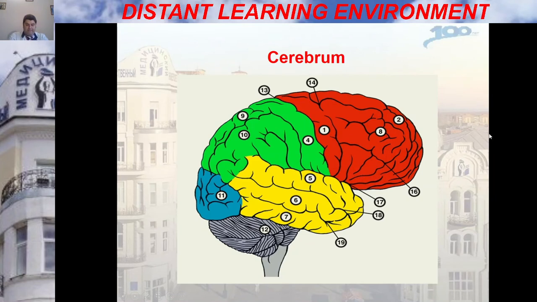So the superior frontal gyrus passes above the superior frontal sulcus, parallel to the superior border of the hemisphere and onto its medial surface. The middle frontal gyrus stretches between the superior and inferior frontal sulci, and the inferior frontal gyrus is located between the inferior frontal and lateral sulci.